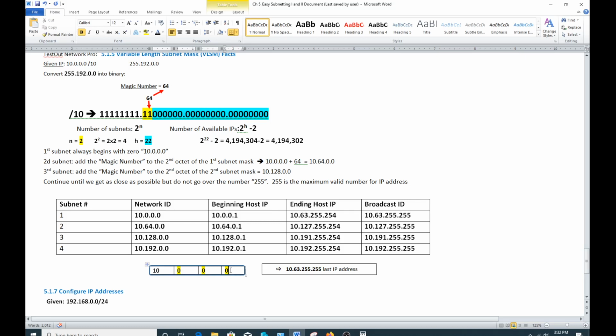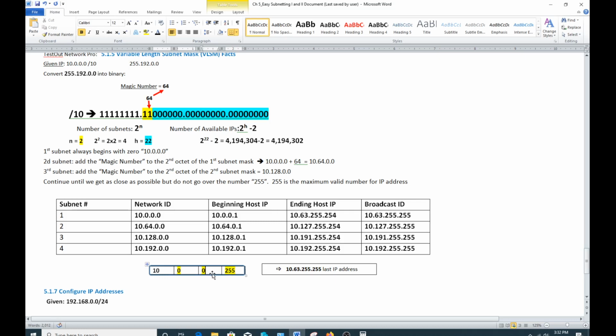Anyway, for the first IP address right here, the second IP address will be .1, the third IP address .2, .3. Keep on going until you get 255.